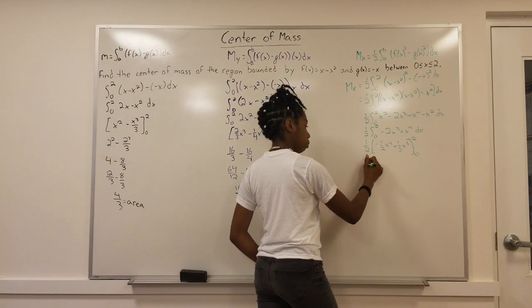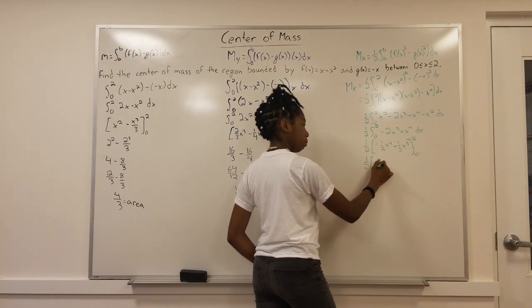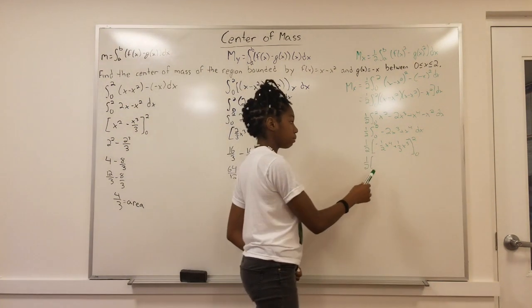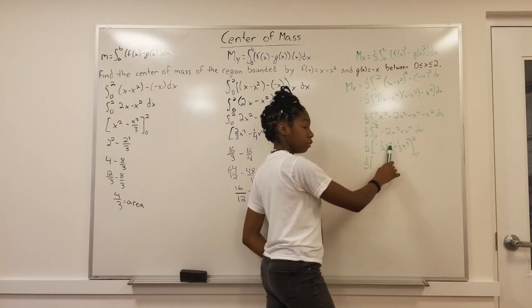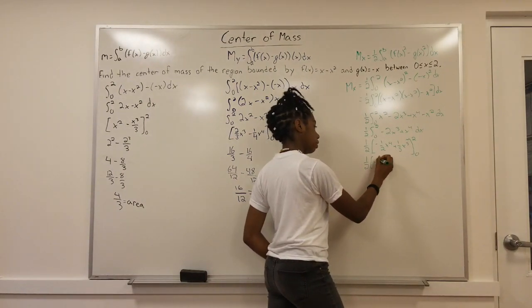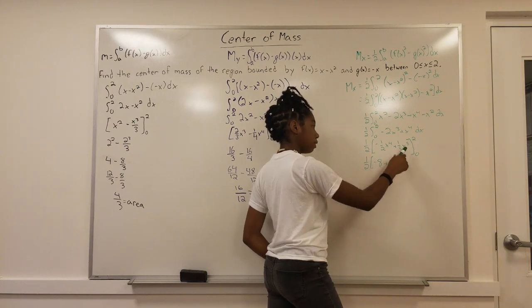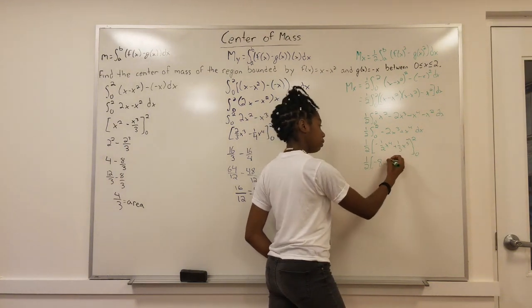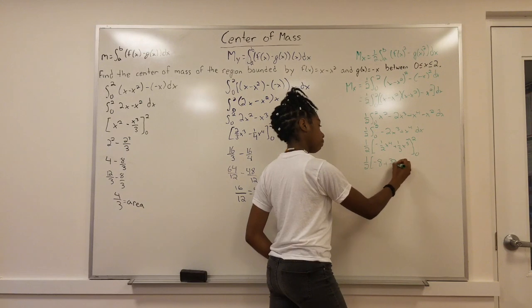You plug in, you keep the 1/2 on the outside, then you plug in 2 wherever you have x. So 2 to the fourth is 16, and 16 over 2 is 8, so negative 8 plus 2 to the fifth, which is 32 over 5.